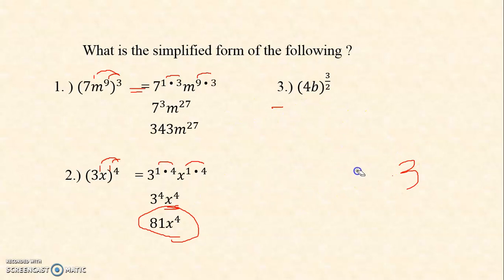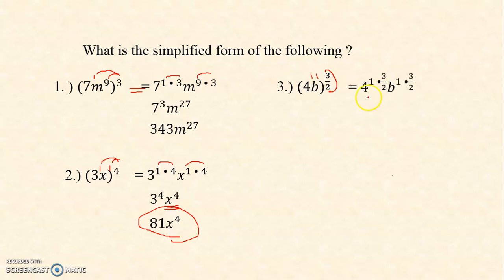Number 3, we have 4b raised to 3 over 2. Again, your 4 has an exponent of 1 and your b has an exponent of 1 also. So again, all you need to do is multiply the exponents. But the exponent outside is a fraction. Still, you're just going to multiply it.